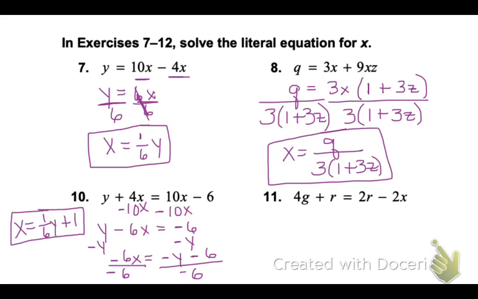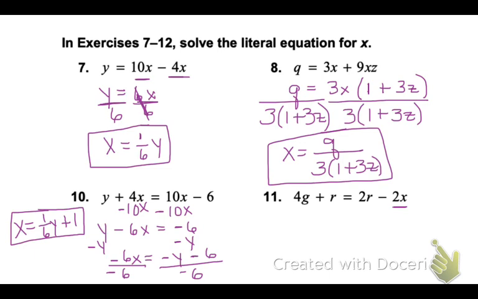So there's our equation solved for x. Notice that all we're given as solutions are expressions, so we're just isolating a different variable when we do this.